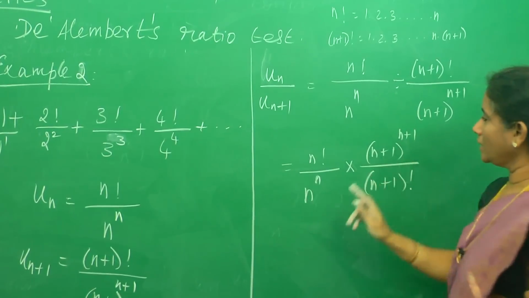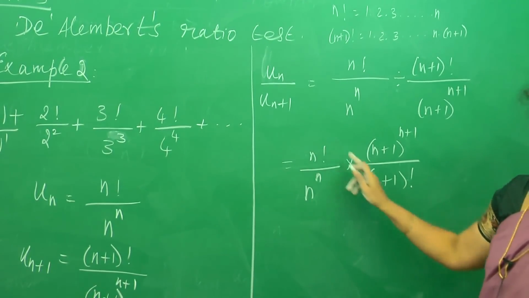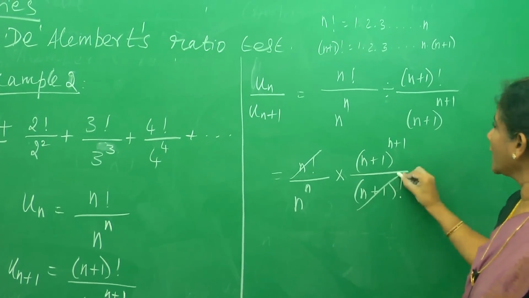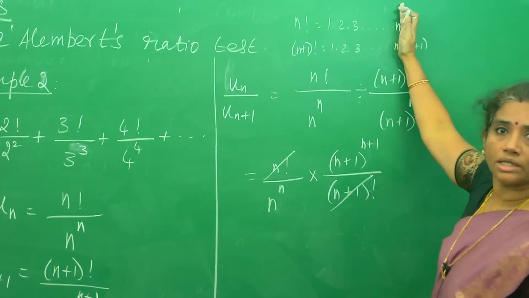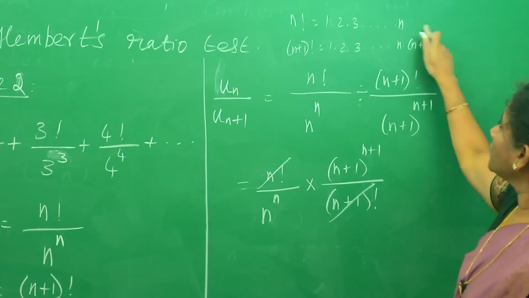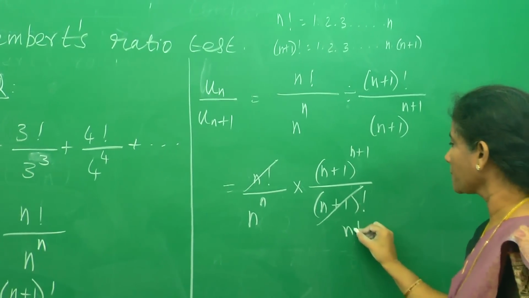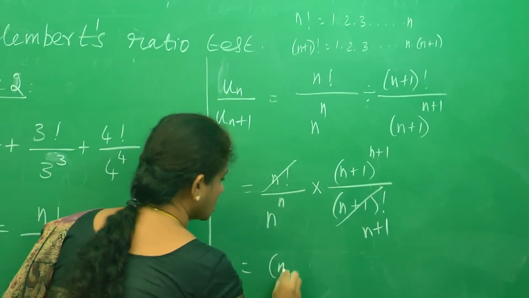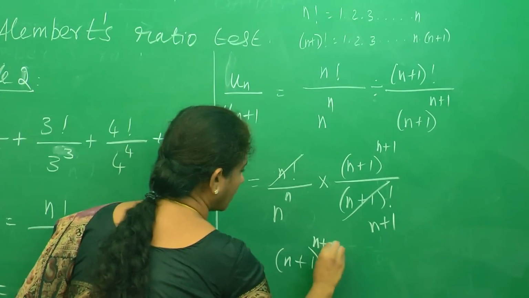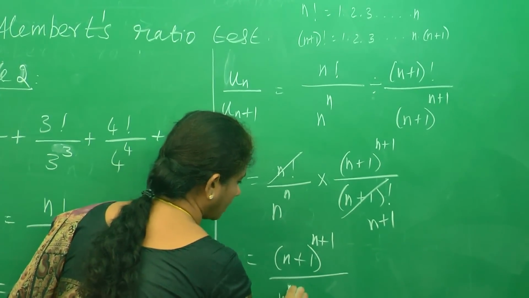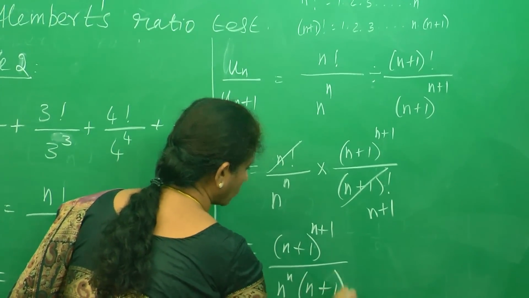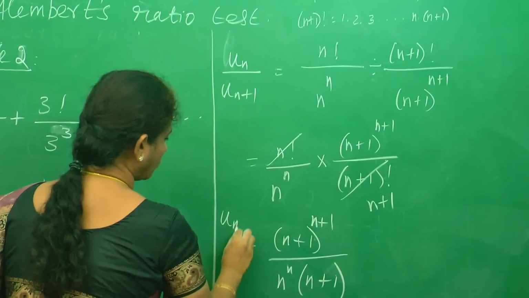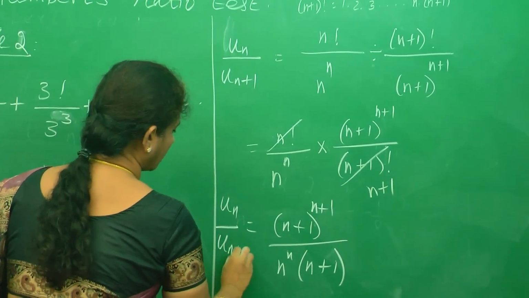So when I cancel these out, all the terms up to n will get cancelled and this n plus 1 will be left out. Now coming back here, so this is n plus 1 to the power of n plus 1 divided by n power n into n plus 1. So I got the value for un by un plus 1.